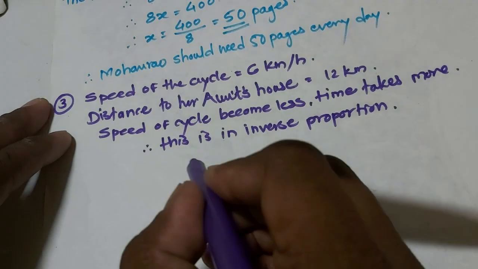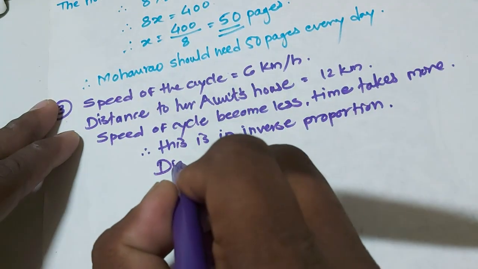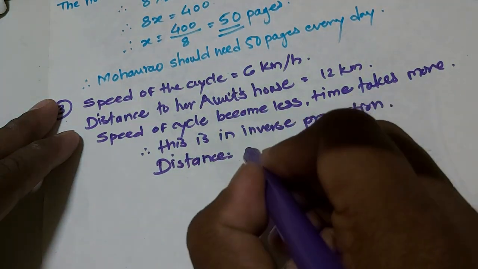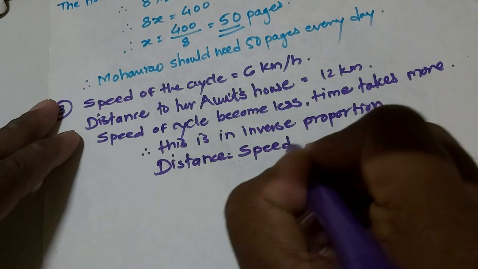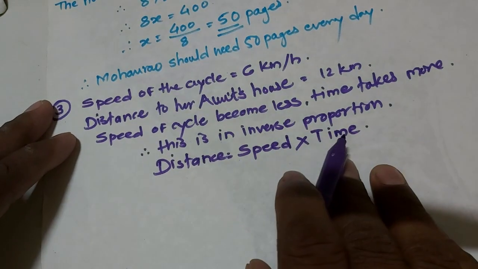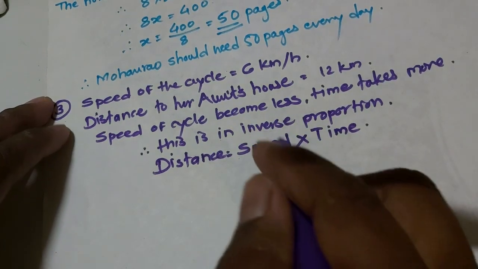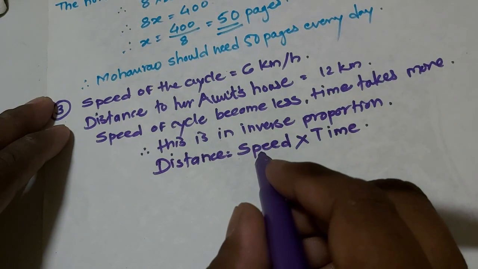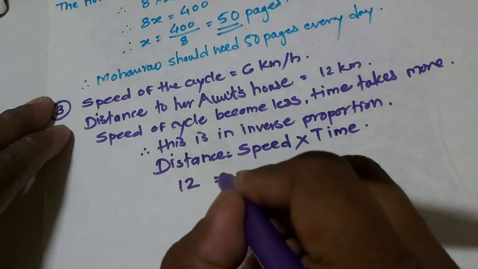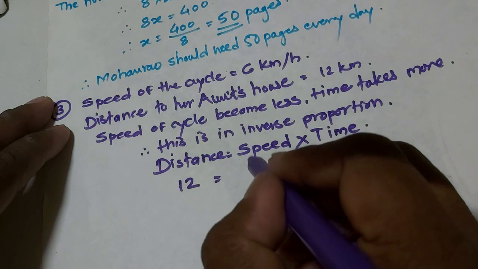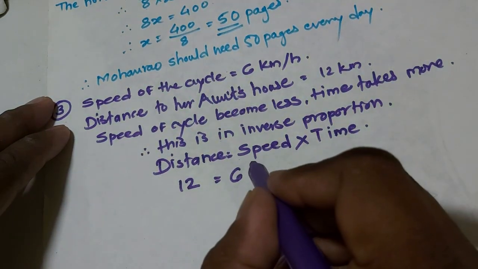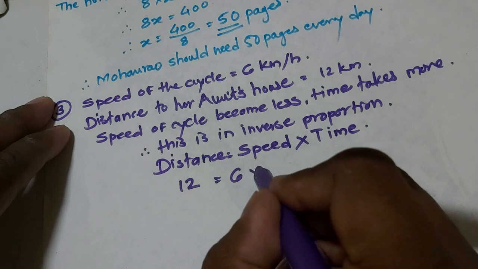Now here we'll write the formula: distance is equal to speed multiplied by time. Always this is the formula, so this formula we have to apply here. Now distance, 12 kilometers is given, then speed of the cycle is also given, that is 6 kilometers, and then multiply by time.